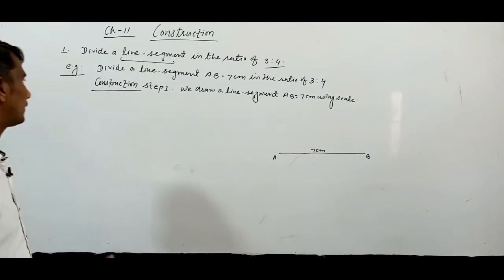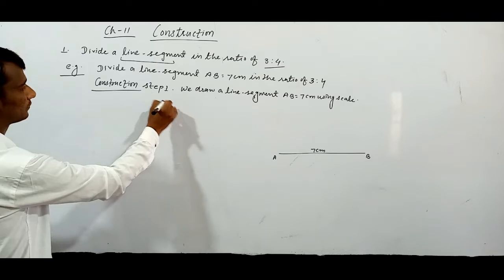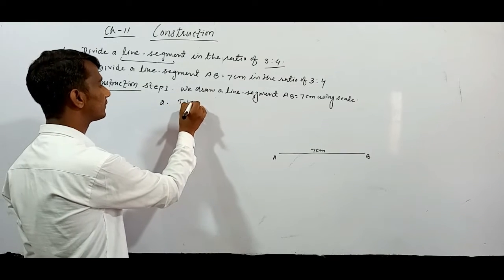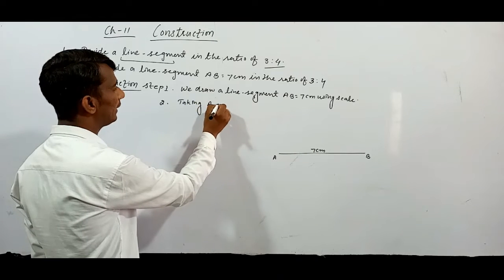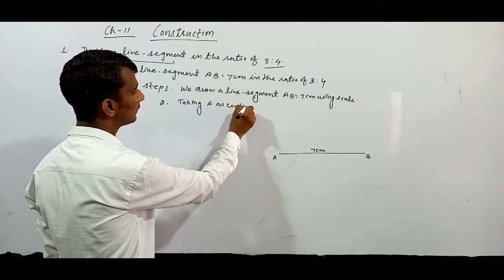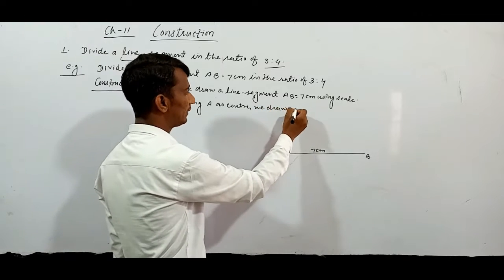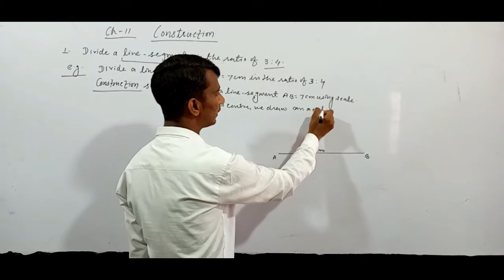Now next, step number 2. After that, taking A as center, we draw an acute angle.